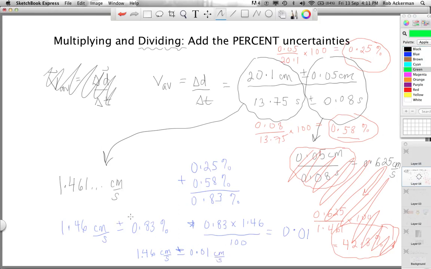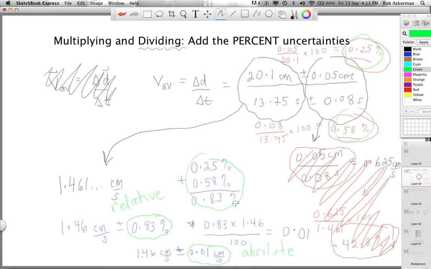So folks, we have a name for this. We call this a percent uncertainty, also known as a relative uncertainty or relative error. And when we convert back into the actual units, we call that absolute form, the absolute uncertainty. The rule for dividing is to get your uncertainties into percent form, relative form, and add those.